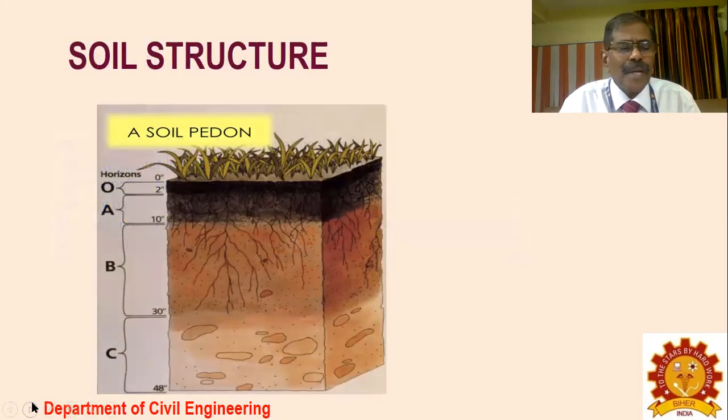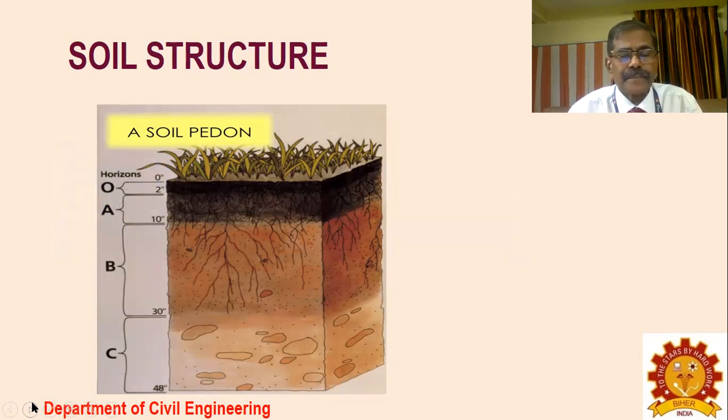Now, coming back to the soil structure, if you take a piece of the soil, as I said, there are compacted materials at the bottom, maybe a solid rock, or an igneous rock, a rock which is from molten lava. Upon that, you can have the weathered rock, because it has been exposed for millions of years.